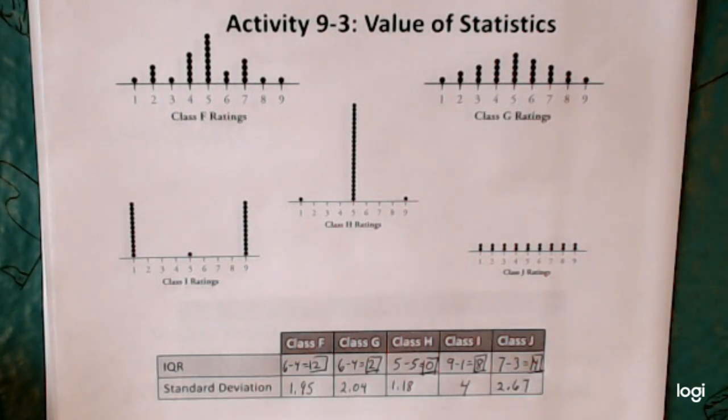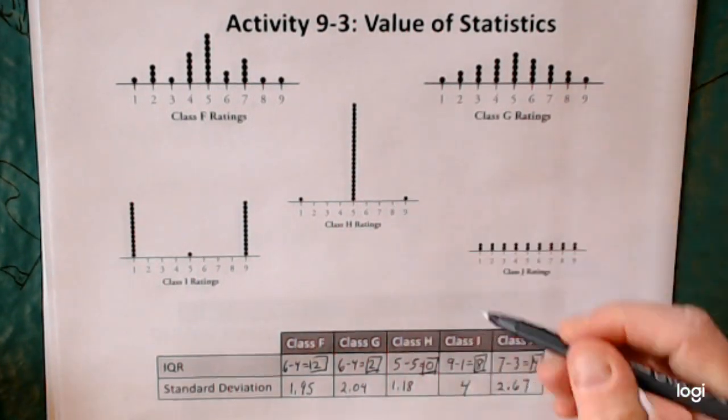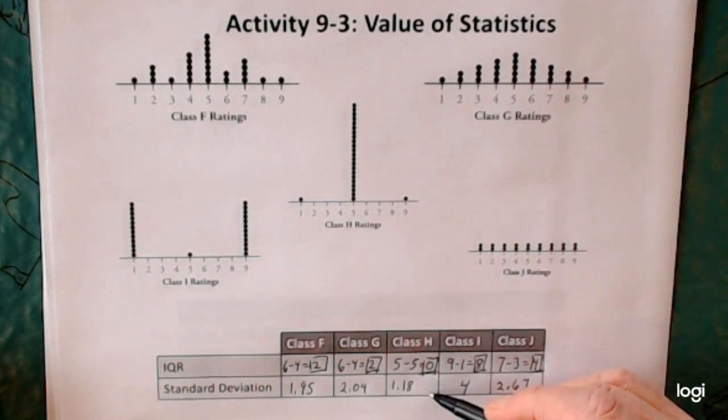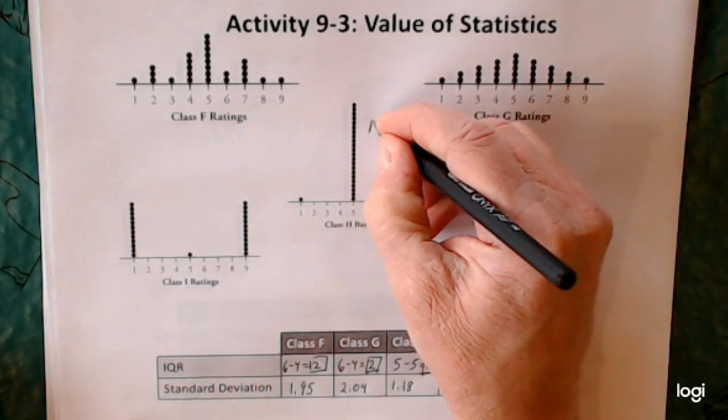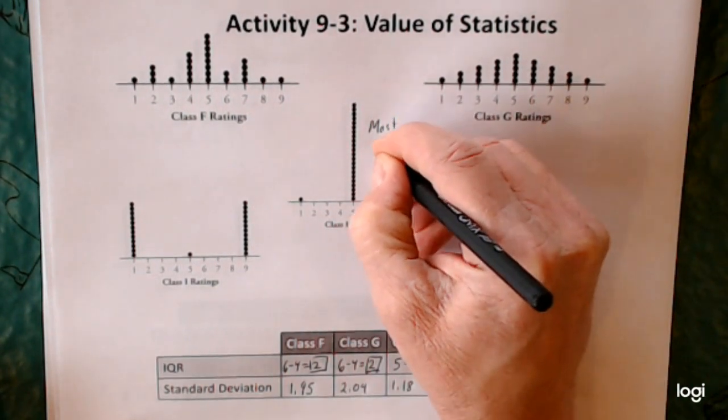Okay, so here we go then. Remember, with our measures of spread, the larger the measure, the more inconsistent the data set, and the smaller the measure, the more consistent the data set is. So according to this, the data set with the smallest IQR is H, and H also has our smallest standard deviation. So this is our most consistent data set.